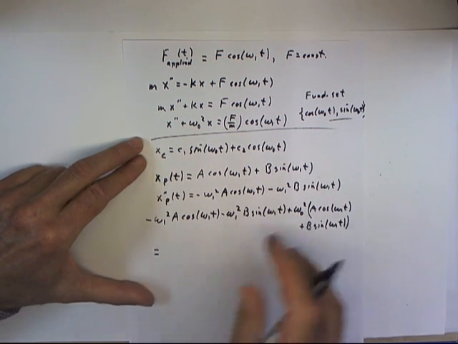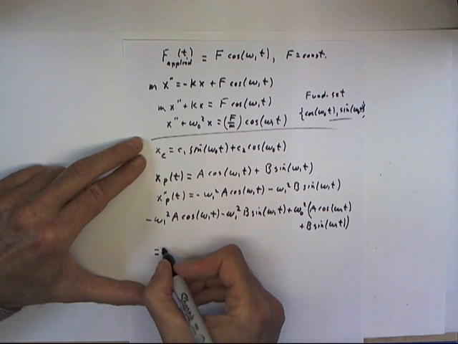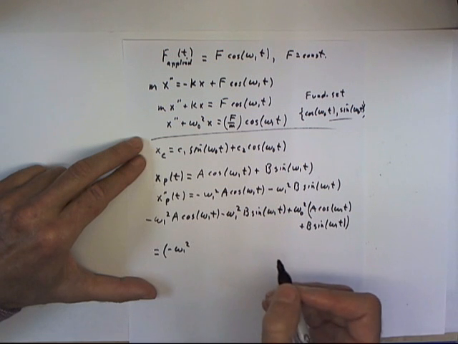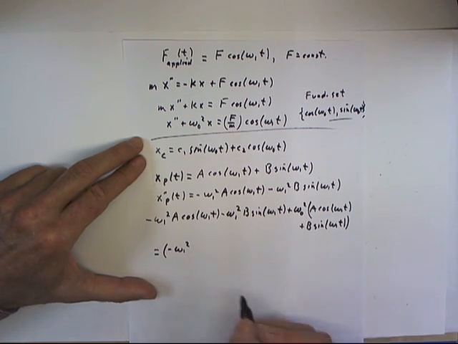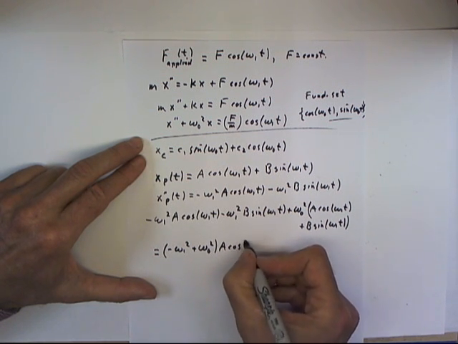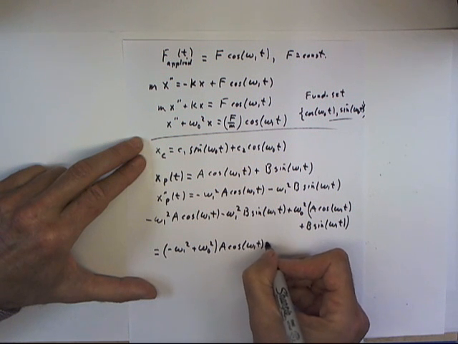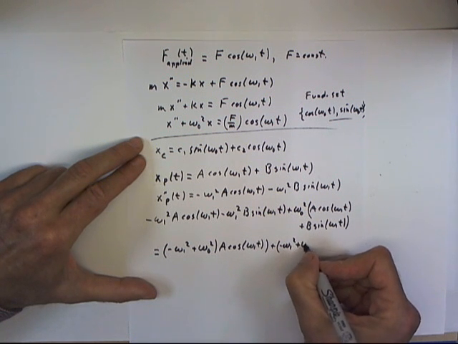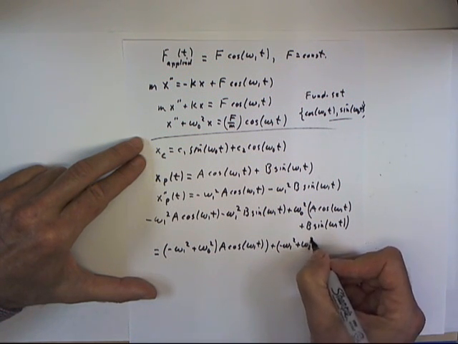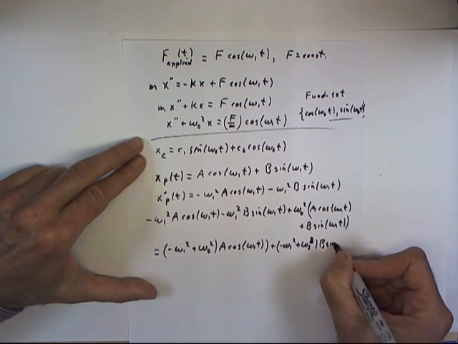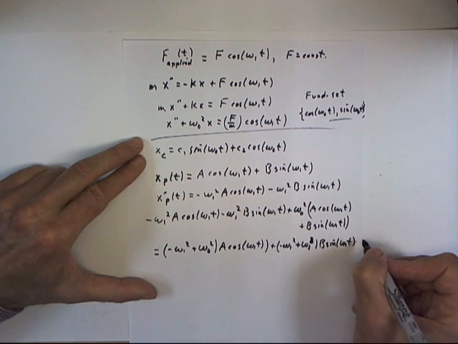And that, when we combine it all together, is going to give us negative omega 1 squared plus omega naught squared times a cosine of omega 1 t, plus the same coefficient, negative omega 1 squared plus omega naught squared, times b sine of omega 1 t.